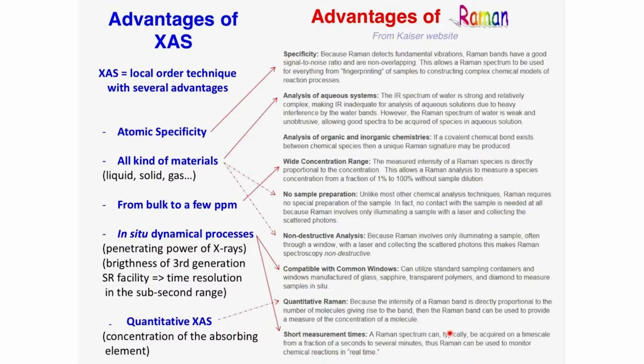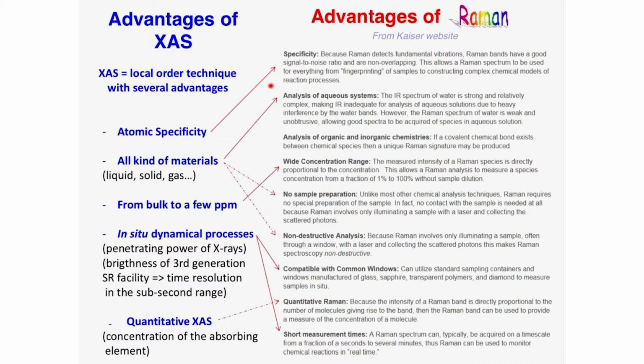Considering the specificities of X-ray absorption spectroscopy that I previously described, together with the advantages of Raman, which can be found, for instance, on the Kaiser website, you see that the combination of these techniques appears quite a natural union, because both techniques share a lot of advantages, a lot of specificities.